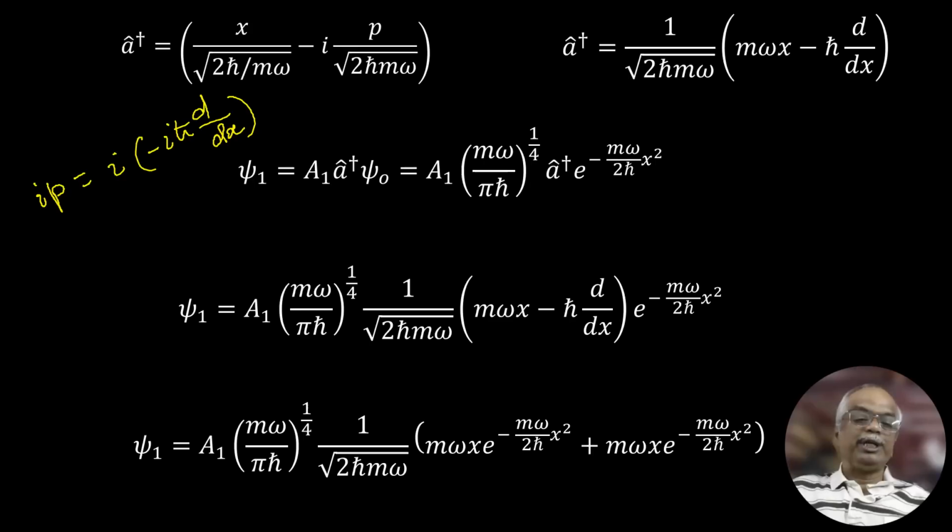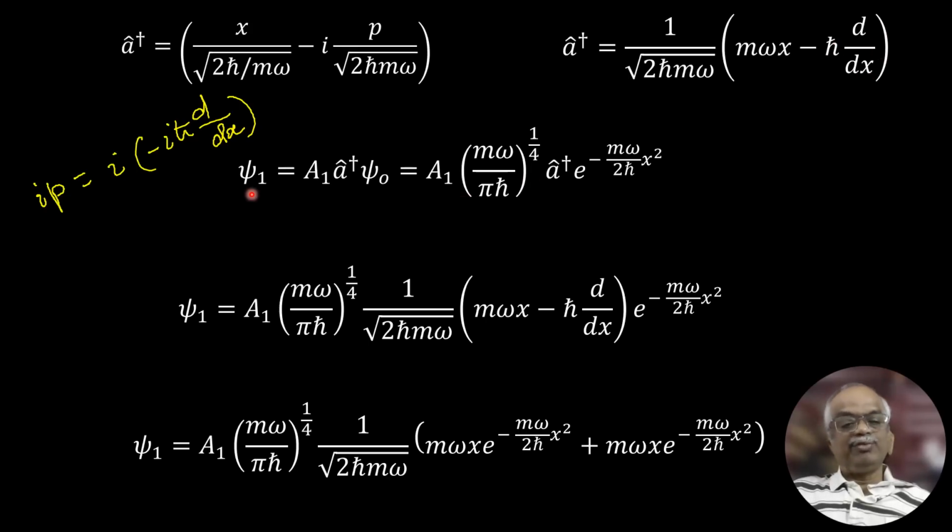So this will become i into i squared, that is minus i squared is equal to plus 1. So this will simply become 1 over square root of 2 h cross m omega, m omega x minus h cross d by dx.